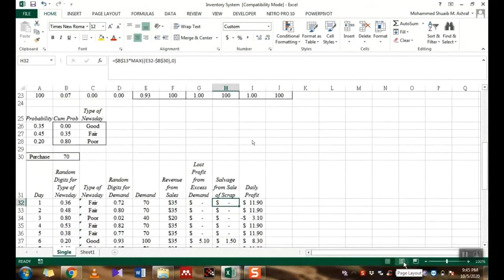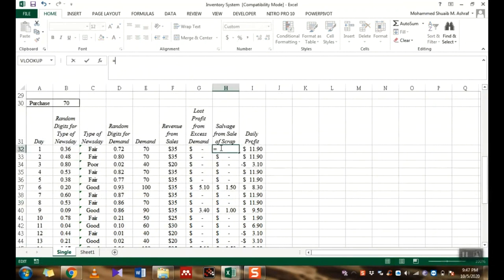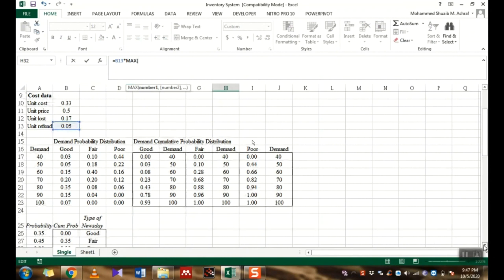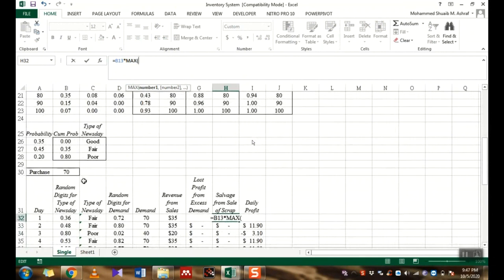We'll calculate salvage from scrap. We'll apply the formula: unit cost return multiplied by maximum of 330 minus 332.